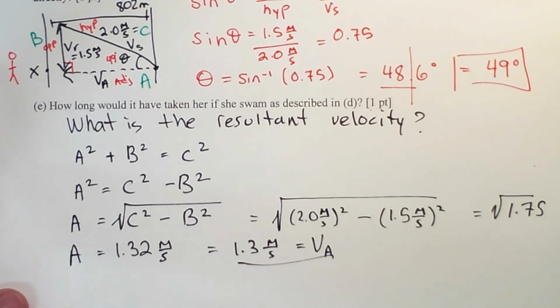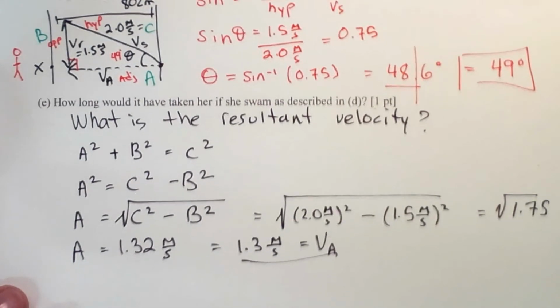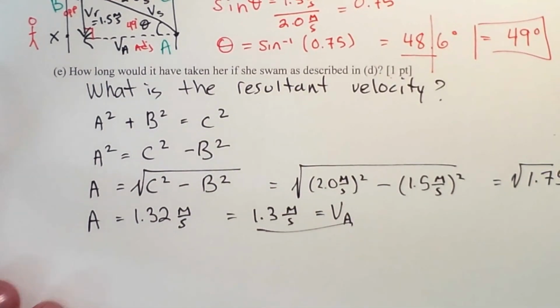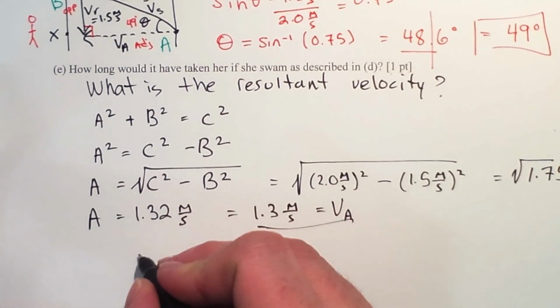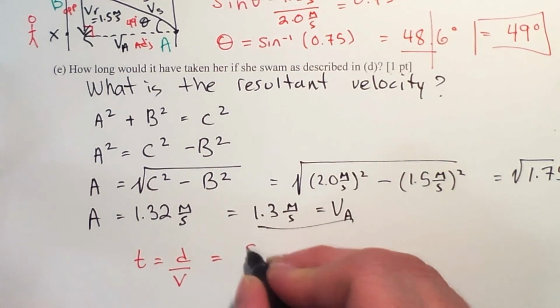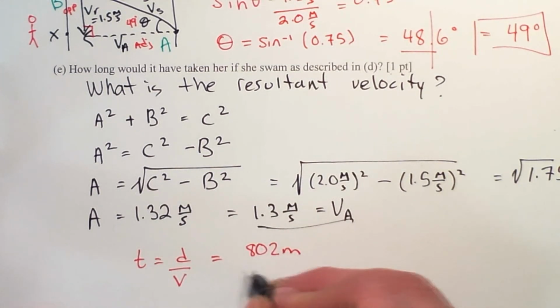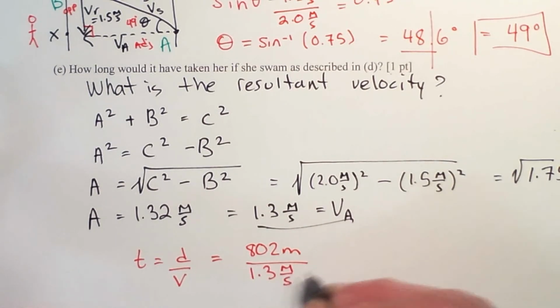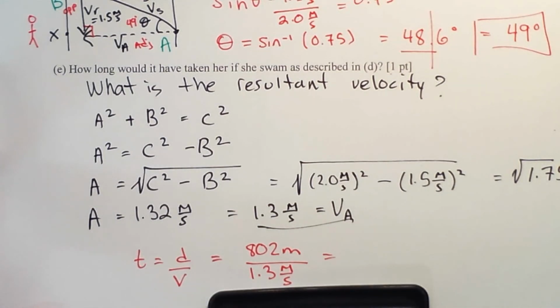But she's still swimming at the same speed, but this is where the relative velocity idea comes in. We still know that time is equal to distance divided by velocity. Well, the river is still 802 meters across, but now the velocity is 1.3 meters per second.